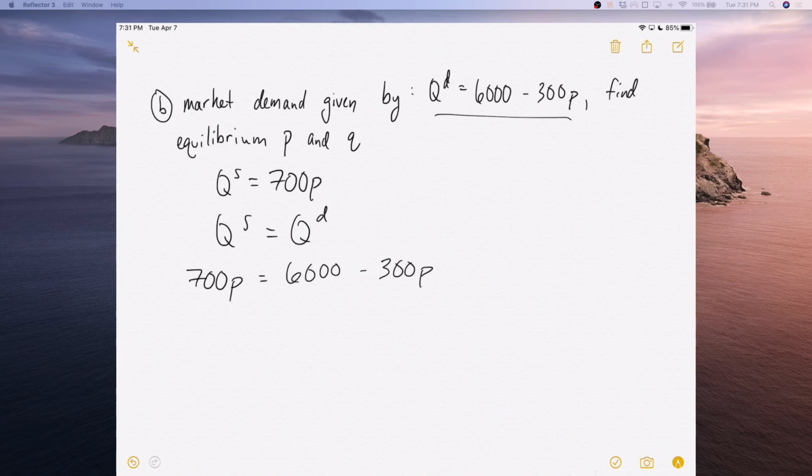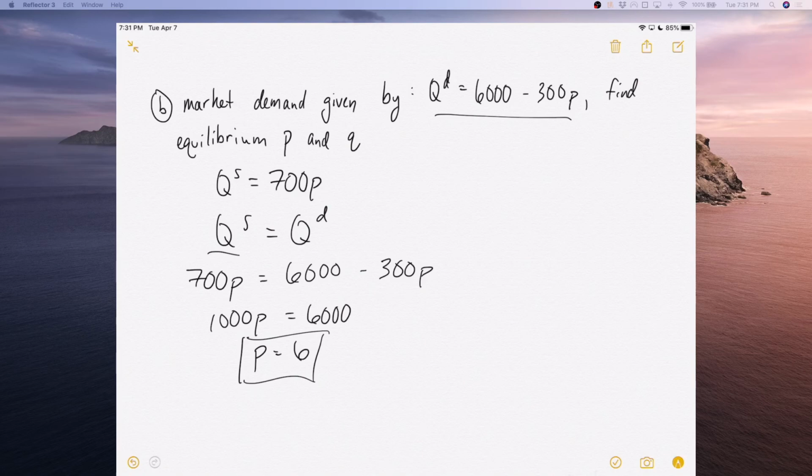We have 1,000P equals 6,000. So our equilibrium price is 6. Now, in order to find the quantity, you can do one of two things. We can either plug that P equals 6 into our QS or our QD.